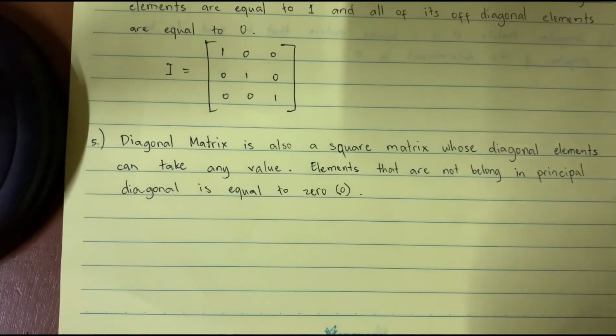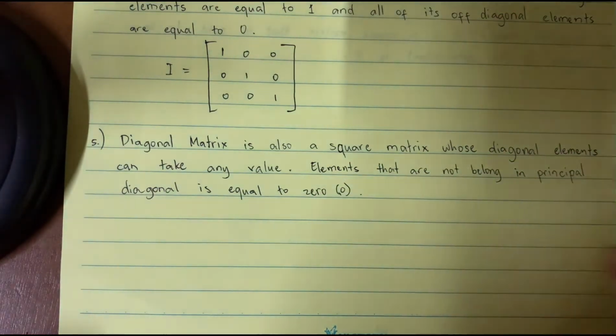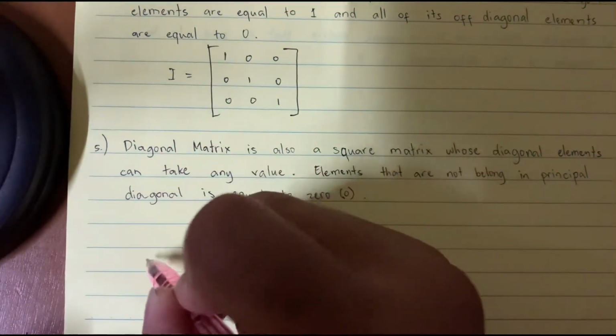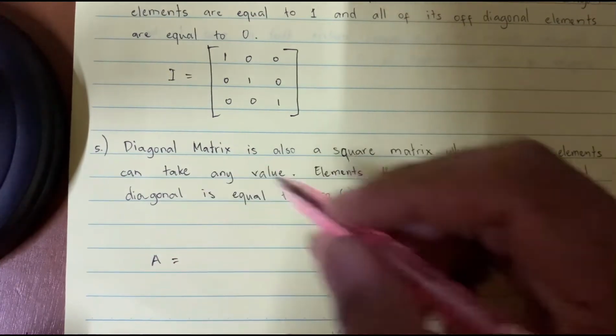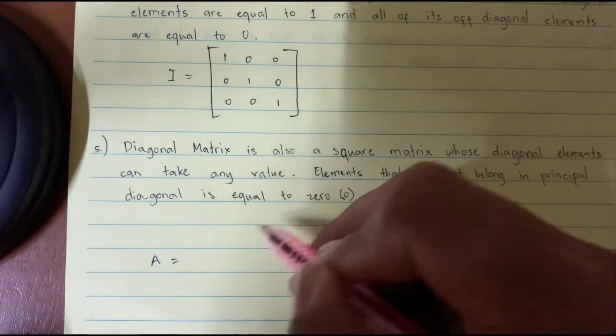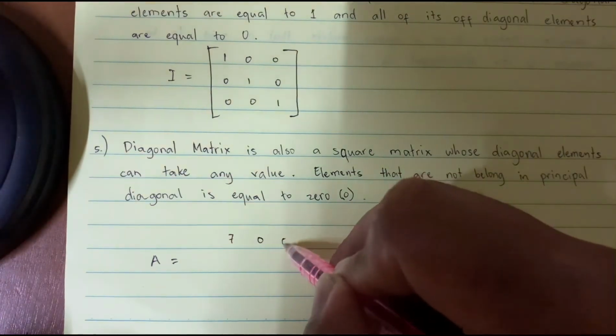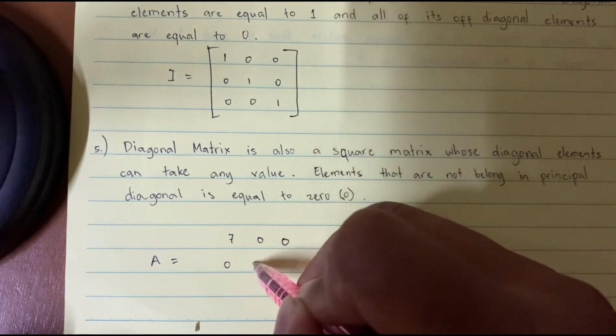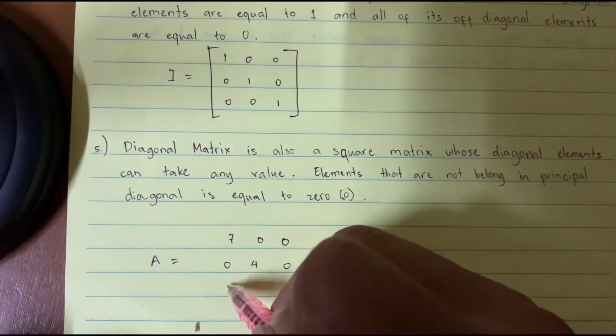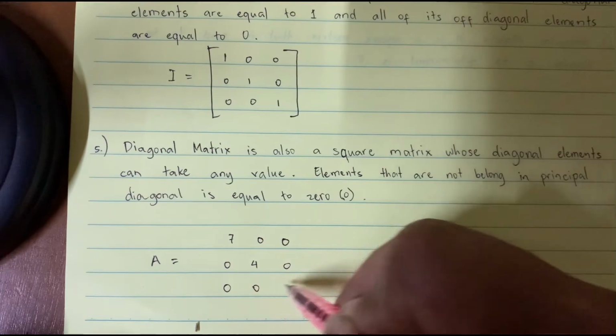Number 5, diagonal matrix is also a square matrix whose diagonal elements can take any value. Elements that do not belong in the principal diagonal are equal to 0. For example, matrix A is equal to 7 0 0, 0 4 0, 0 0 8.